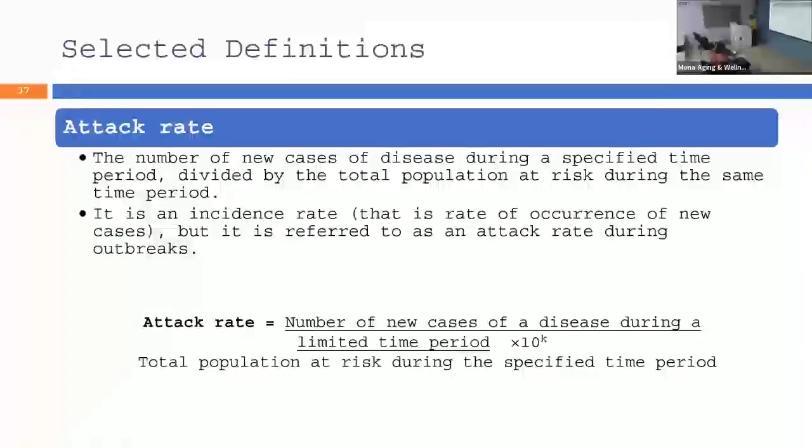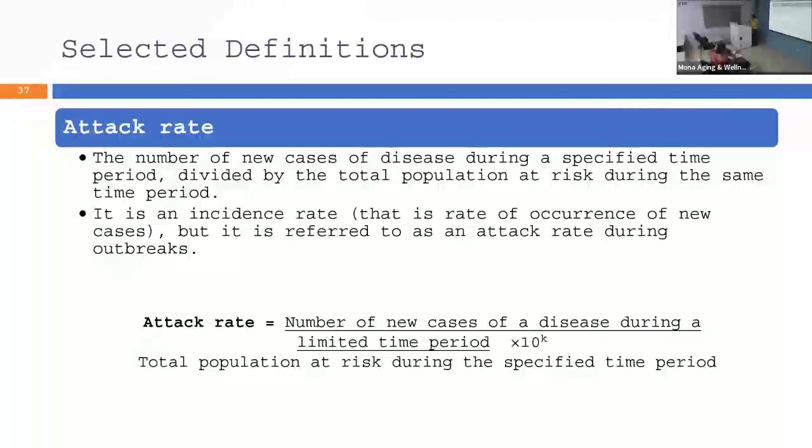So we look at the attack rate. I had one line for the attack rate, and now we've gone into two lines. Okay, I'll explain. The attack rate is the number of new cases of a disease during a specified time period, divided by the total population at risk, those exposed.